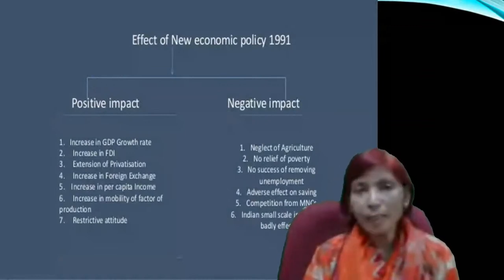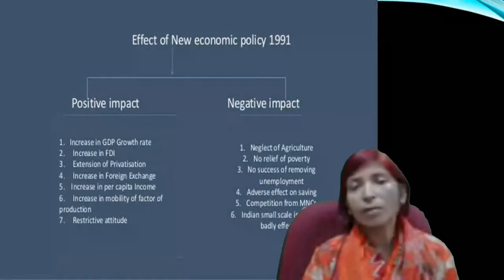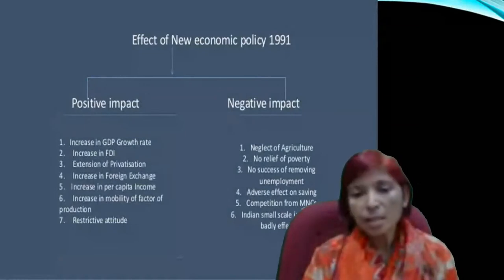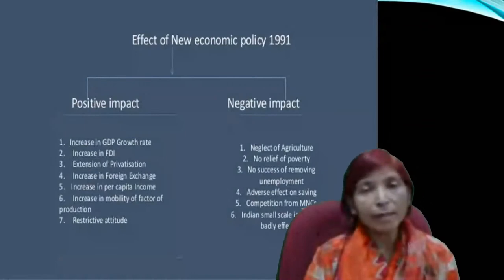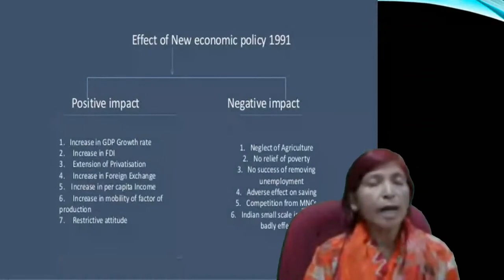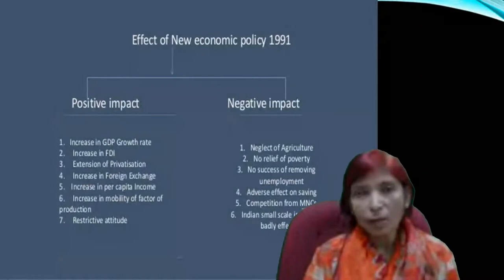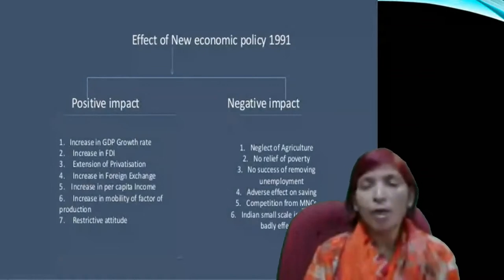No relief of poverty and no success in removing unemployment, because industrial growth in the privatization sector was emphasized, and you know that the private sector mainly uses capital intensive technology for a rapid increase in production level.